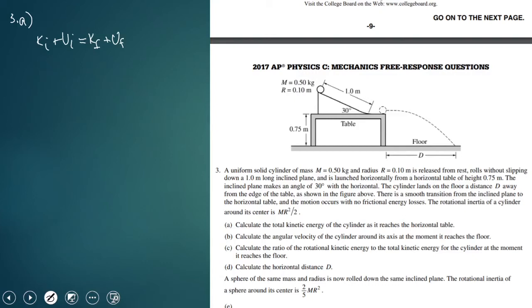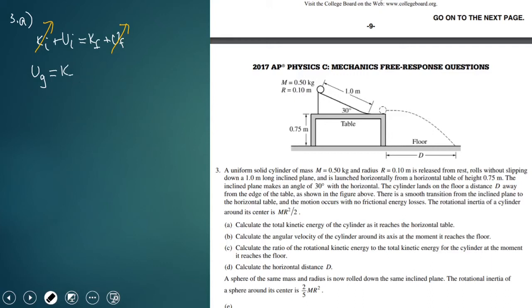At the start, sorry, I was just reading the question to figure out how we get the height. So at the start we have no kinetic, at the end we have no potential. And so we know that the U of gravity along the top, keep in mind I still like to specify, U of gravity is equal to the kinetic energy as the cylinder reaches the table.